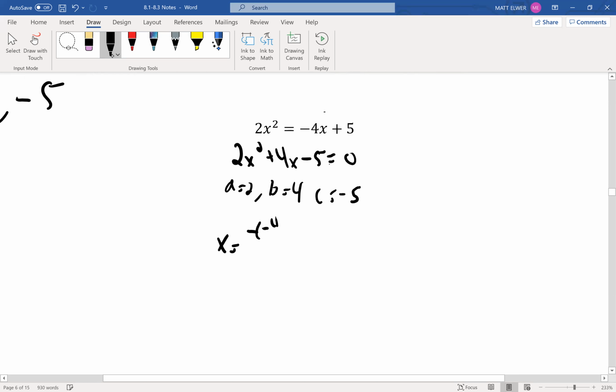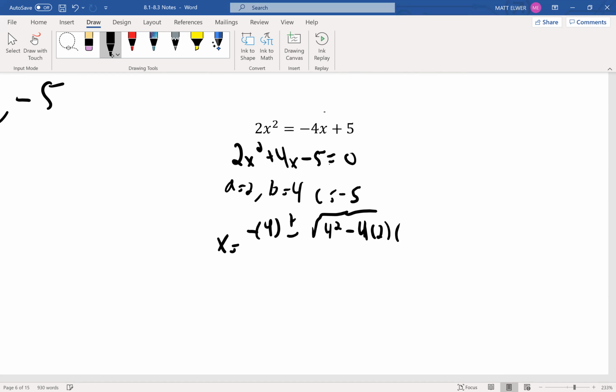So negative 4. Plus or minus the square root of b squared, right, which is 4 squared, minus 4 times a times c. So that's 2 and negative 5, right, all over 2a, which is 2 times 2.